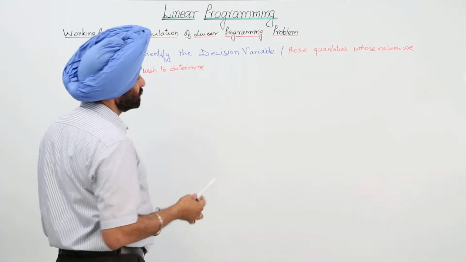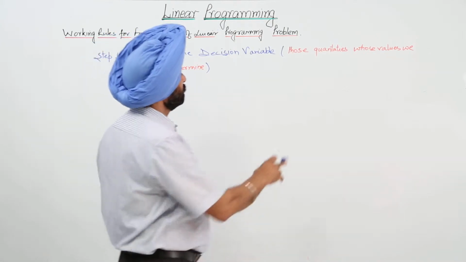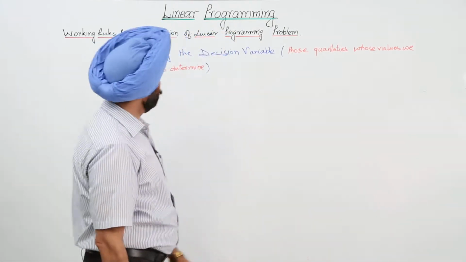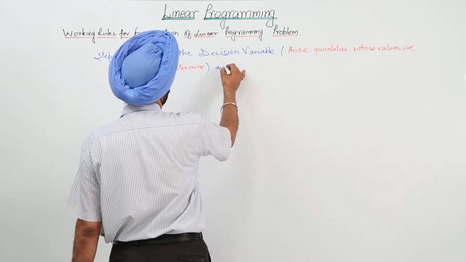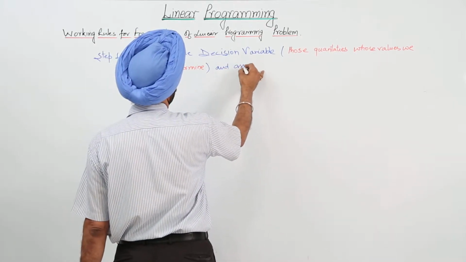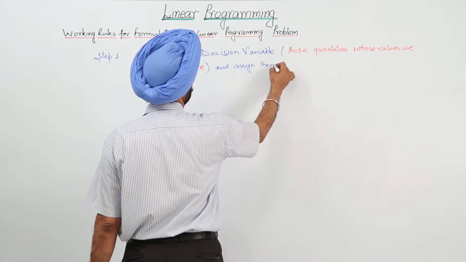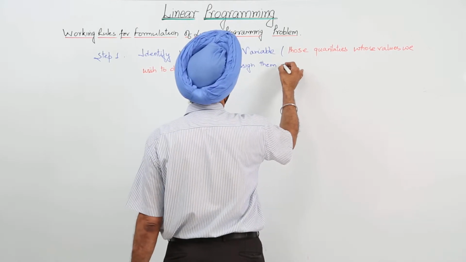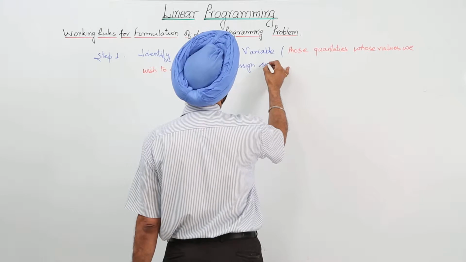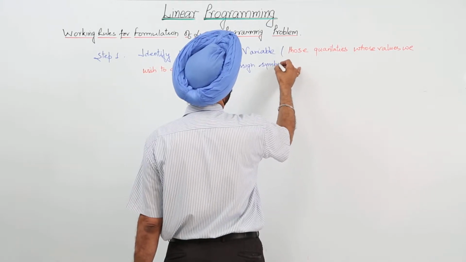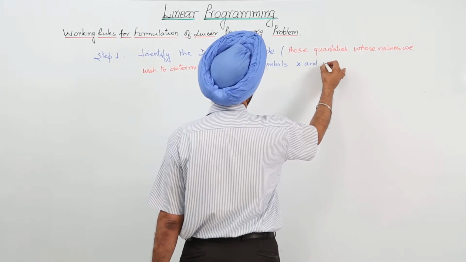Identify the decision variables, and the decision variables I have mentioned in red. It is those quantities whose values we wish to determine, and assign symbols x and y to them.